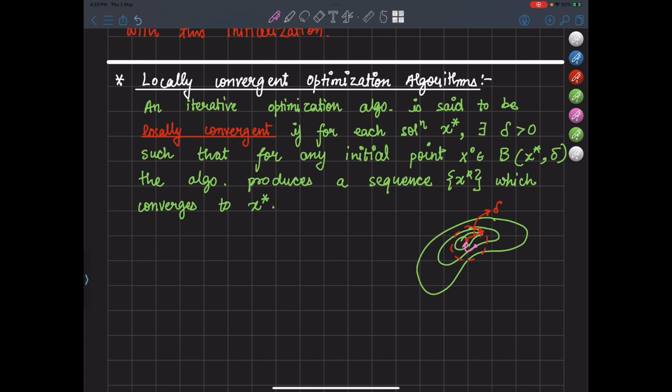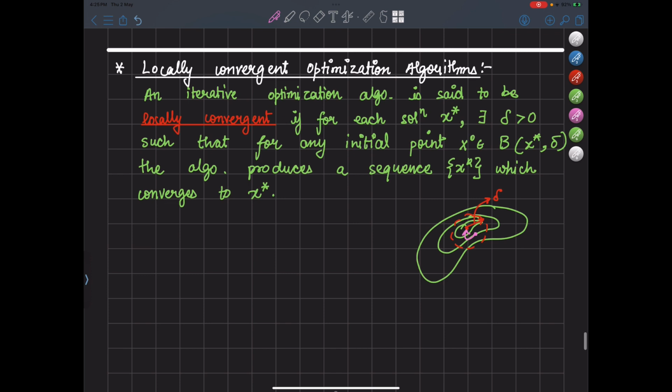That kind of algorithm, and this happens for each local minimum of that function. A function can have more than one local minimum. So if that happens for all the local minima, then that algorithm is called a locally convergent algorithm.